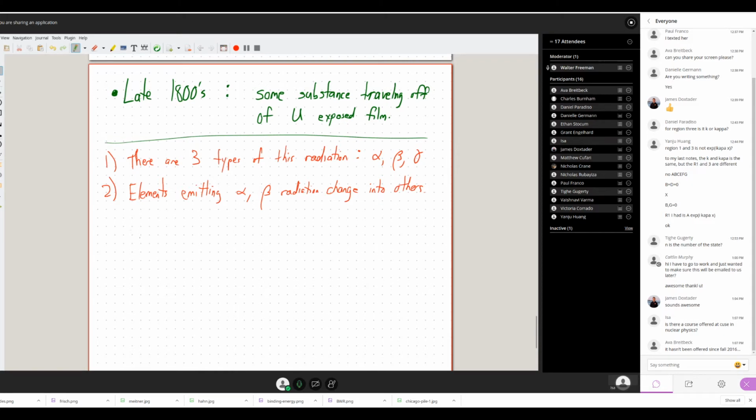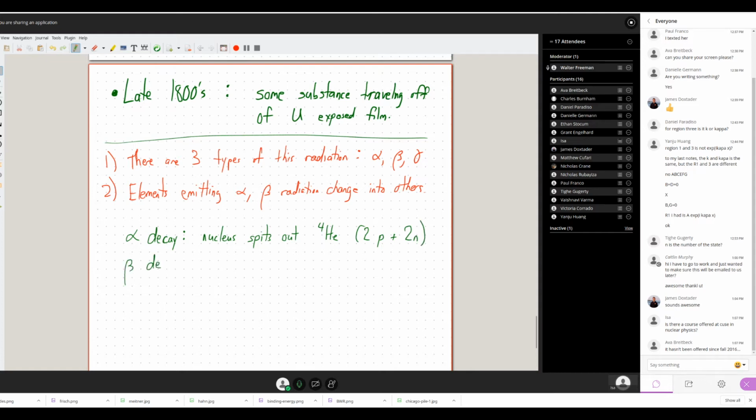So these two sorts of decays: alpha decay means a nucleus spits out a helium-4 nucleus. It's helium-4 because helium-4 is a very stable unit, 2 protons plus 2 neutrons.